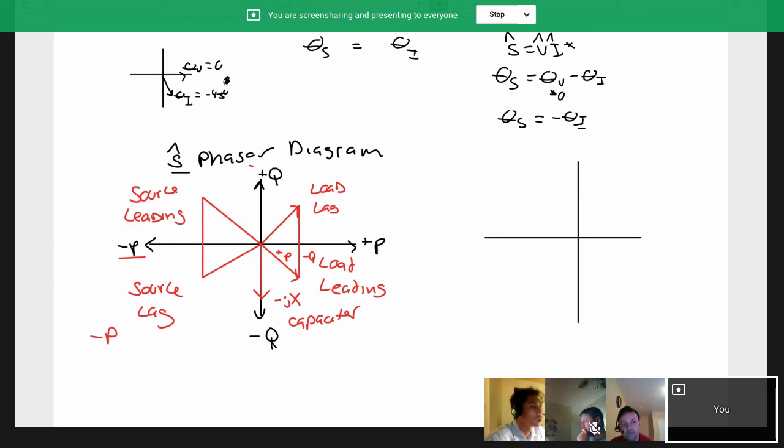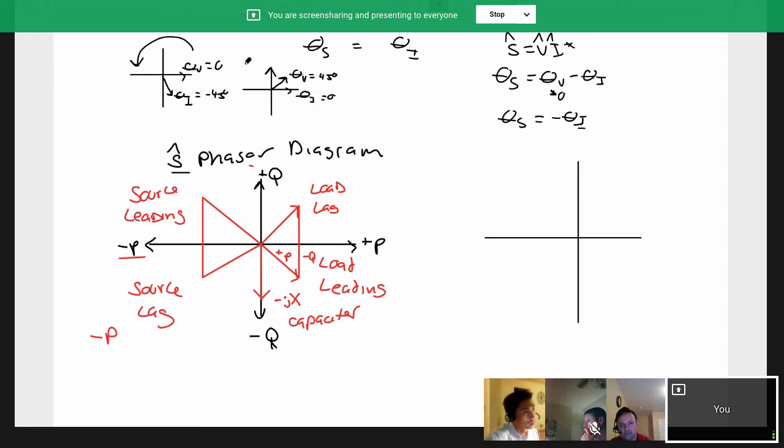This is a big question we get asked a lot: what happens when theta V doesn't equal 0? Theta S still has to equal theta V minus theta I. Remember, they're constantly rotating, clockwise or counterclockwise if they're positive or negative. So what if theta V was 45 degrees and theta I is 0?